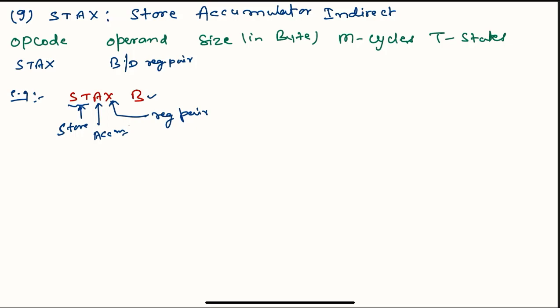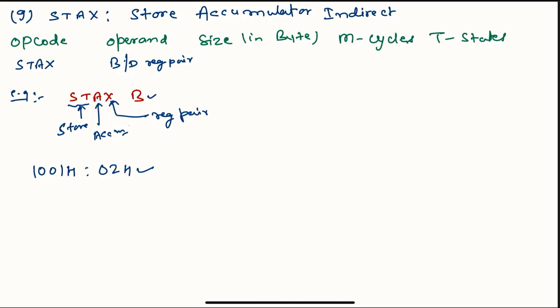Let's say, for example, if I am starting this instruction at the address 1001H, first of all its opcode will be stored before execution. The opcode will be 02H. Once this opcode comes from the memory to the processor, after its execution the processor knows that we need to store the content of the accumulator into the memory location whose address is specified by the BC register pair.